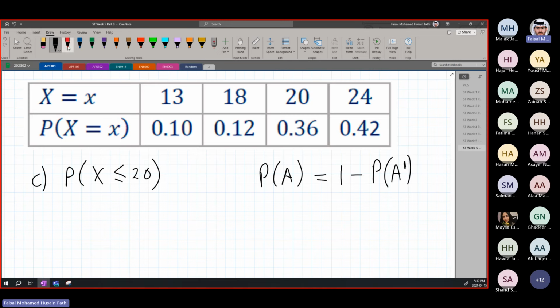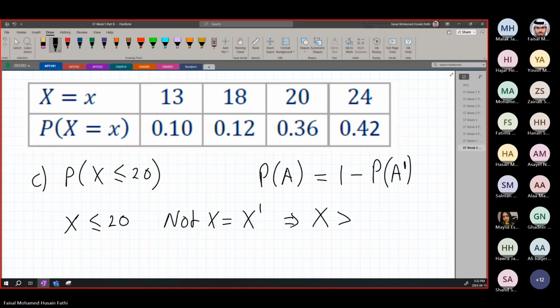So in other words, if we're saying x is less than or equal to 20, all right? What is not x equal to, or x prime in this case? It is equal to x being greater than 20.